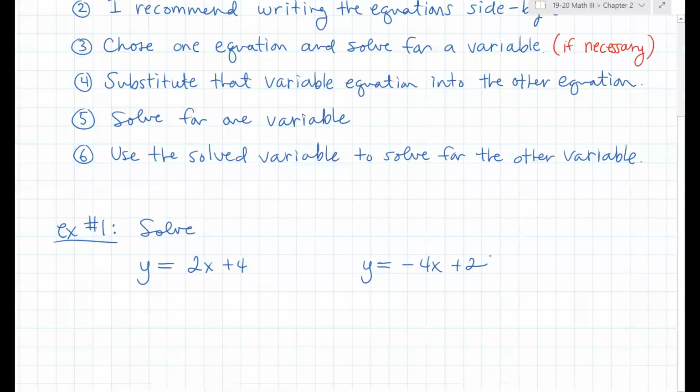Okay, great. So what am I going to do? Substitute a variable into the other equation. So I'm going to choose one equation. So let's go with the left one, okay? The left one says that y is equal to 2x plus 4. So what I'm going to do is I'm going to throw that over here.